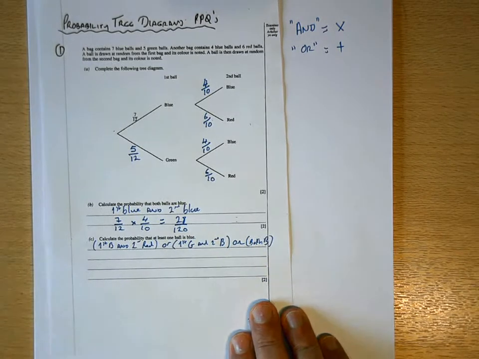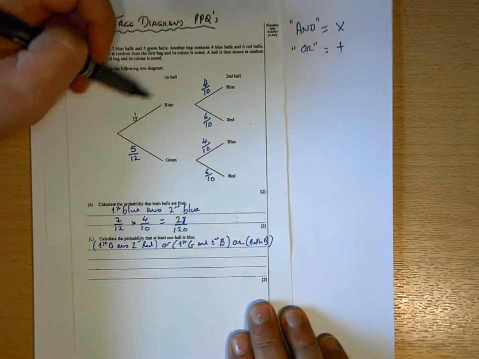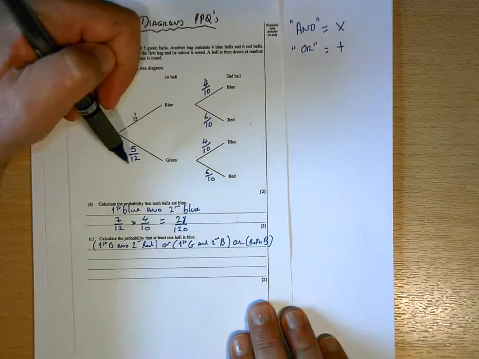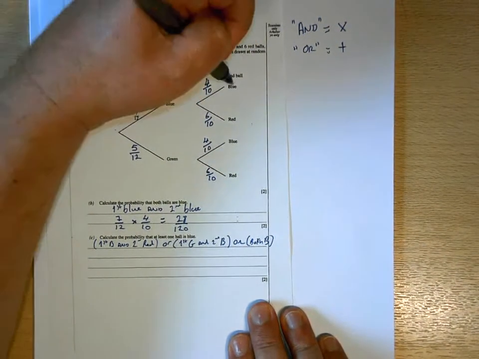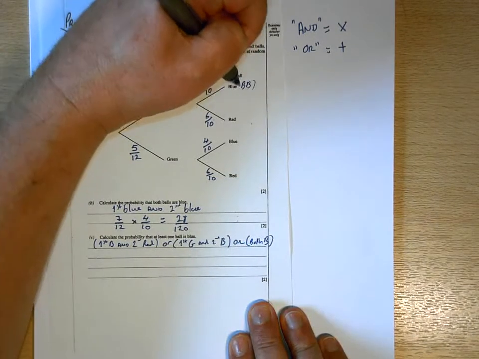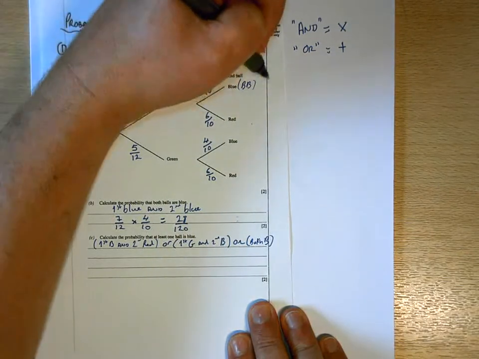Now sometimes what some people do is they do all the anding on the diagram anyway. Okay, so this one here would be blue and blue, which would be what we've already worked out, 28 out of 120.